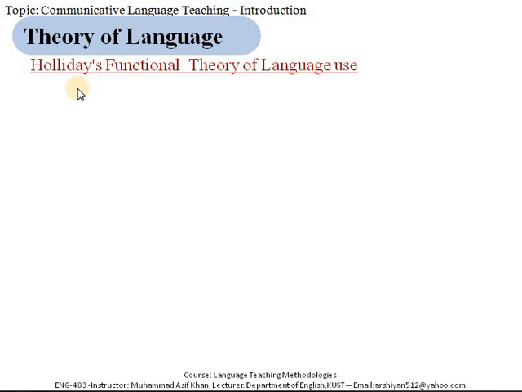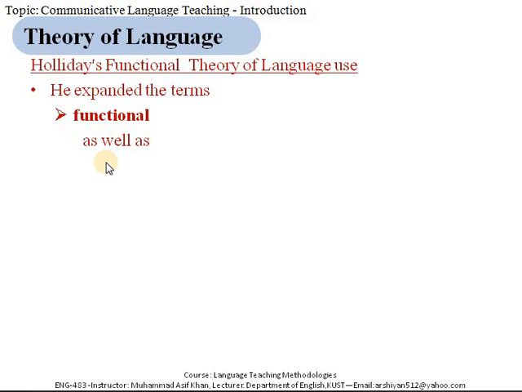Another linguistic theory of communication that favored CLT was Halliday's functional account of language use, and he explained this term functional account of language on the basis of the theory of Hymes.